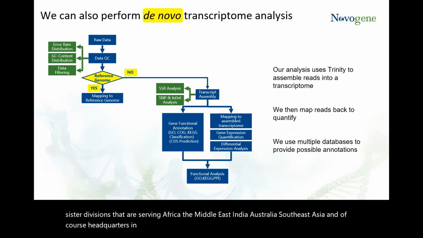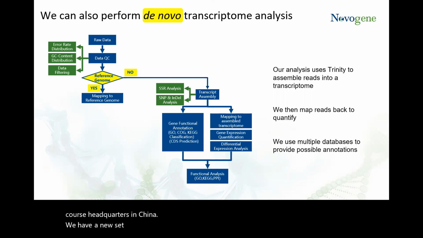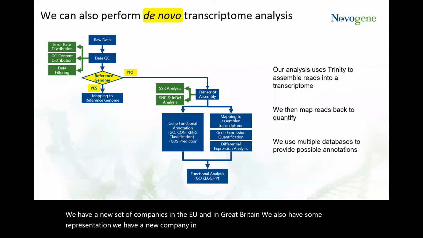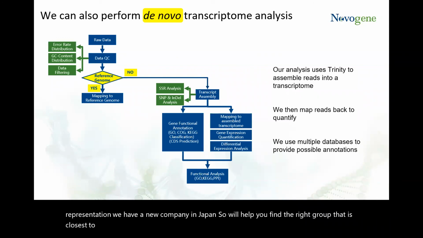We have a new set of companies in the EU and in Great Britain. We also have some representation. We have a new company in Japan. So we'll help you find the right group that is closest to you, but we are happy to work with you by email, by phone, by Zoom, or GoToMeeting, or any other platform that's available to us.